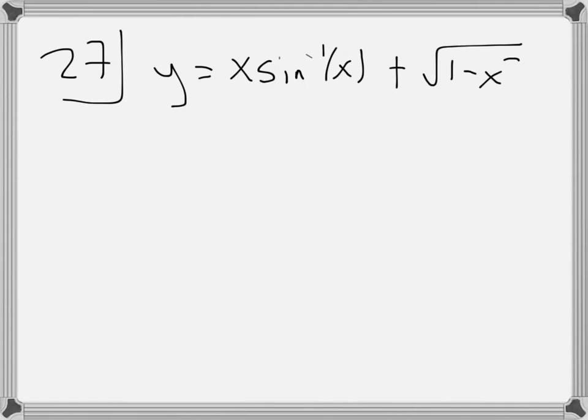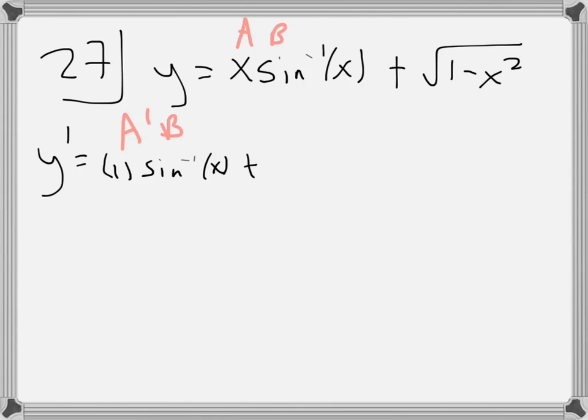And so this one, you want to find y prime, and this is x inverse sine of x plus the square root of 1 minus x squared. And again, I want to simplify. So first, let's use the product rule here. This is a and this is b. So a prime b, well, a prime is 1, and b is inverse sine.